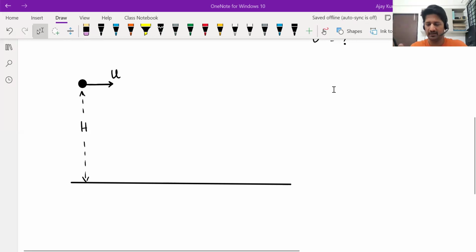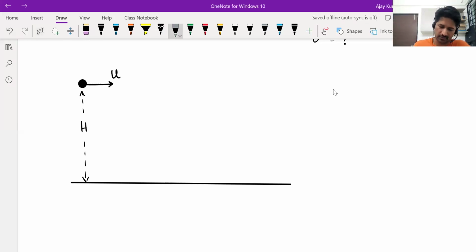It is moving in a plane. And whenever you want to derive anything about motion in a plane, 2D or 3D, the first thing you have to do is to write whatever you know in the form of vectors, resolve them into components. Okay, now we know this object is going to go forward like this and strike the ground somewhere here.